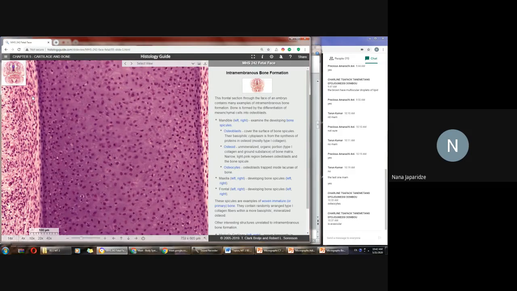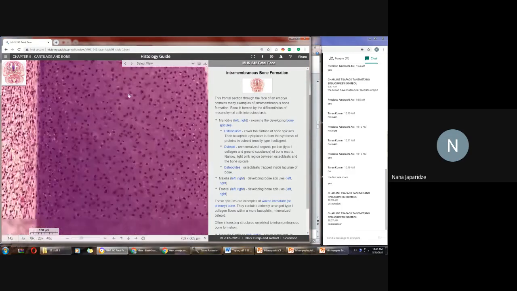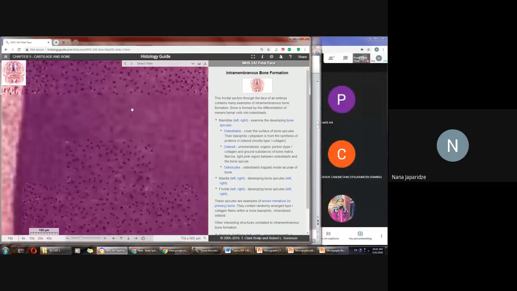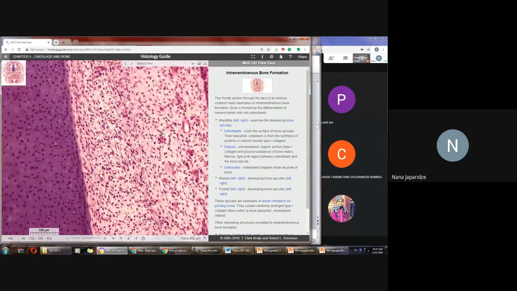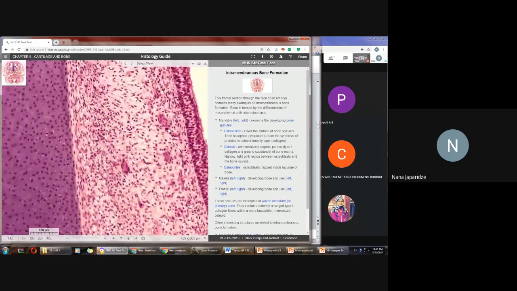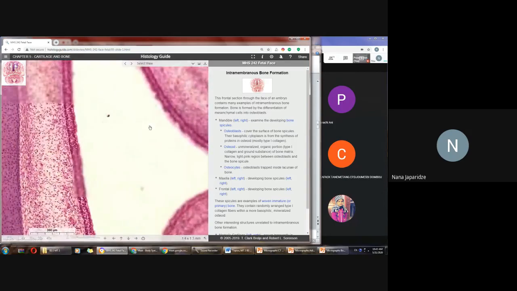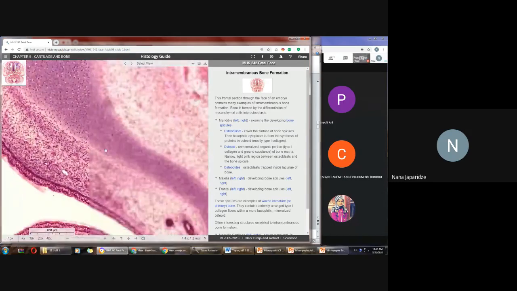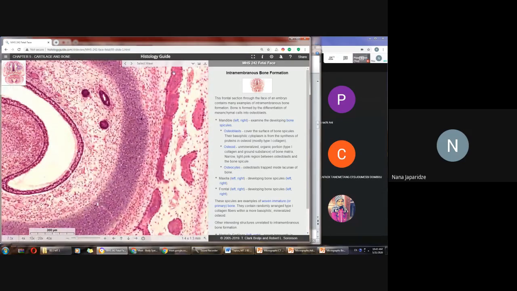And here cartilage is covered with the perichondrium, and it undergoes appositional growth and interstitial growth, both of them, okay? But here, look, mesenchymal tissue, very well vascularized. I want to show the bone tissue.